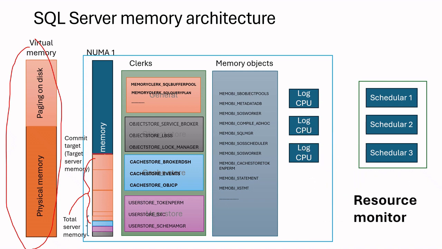Then Resource Monitor, which checks memory consumption by clerks, initiates the lazy writer thread and cleans this buffer pool. In this way, memory is cleaned from the buffer pool and other general clerks. However, one important thing: there is a difference between cleaning and releasing memory.